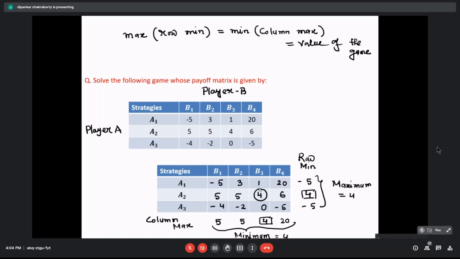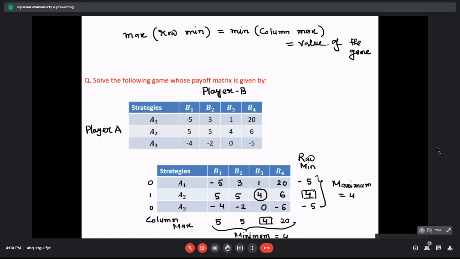Yes, very simple. A2. No, A2 is fine. But A2 means what? That means the player is playing only the strategy A2, and the rest of the strategies the player is not adopting. That means basically you can say that the player plays the strategy 0, 1, 0. Can I say so? Is it okay? Yes, sir.